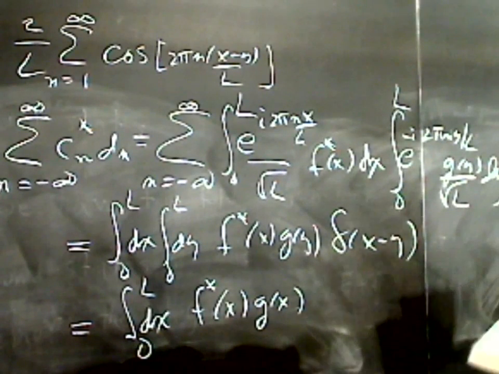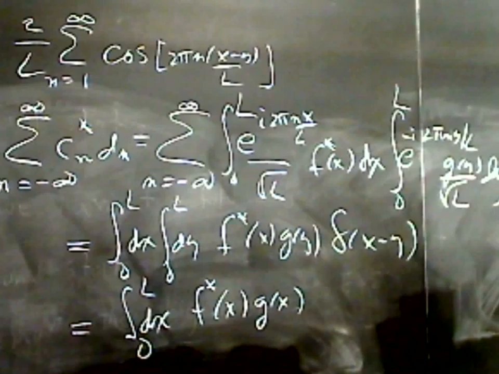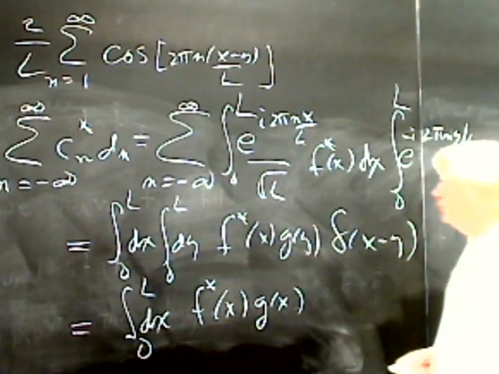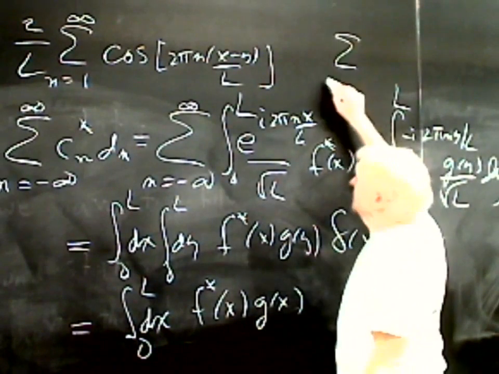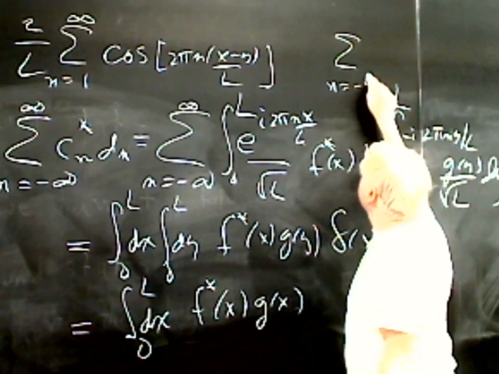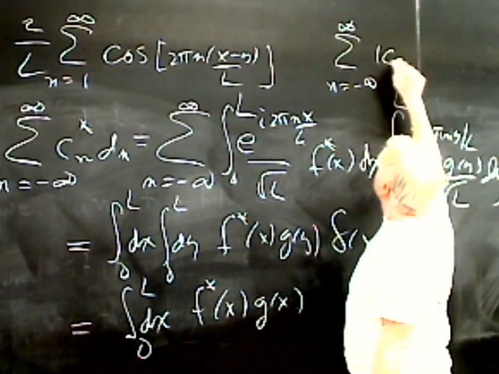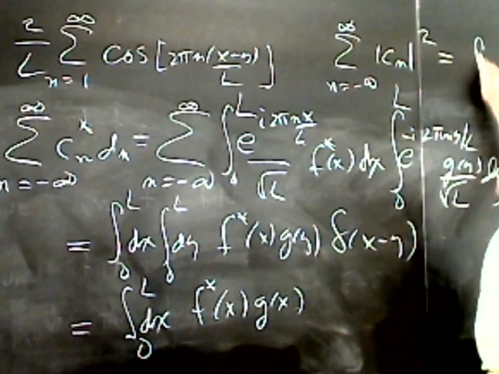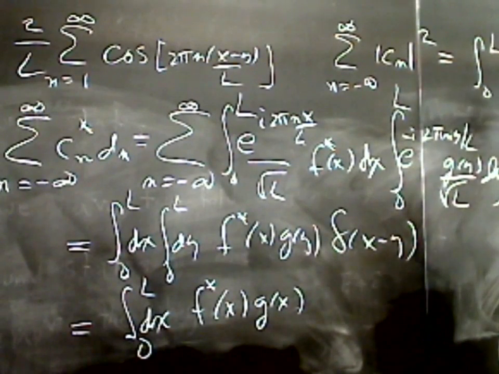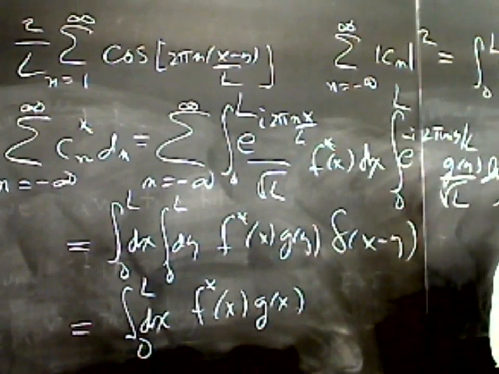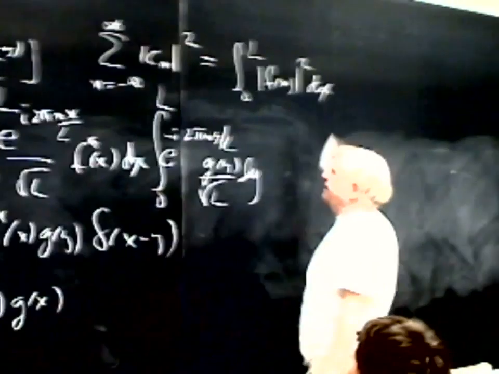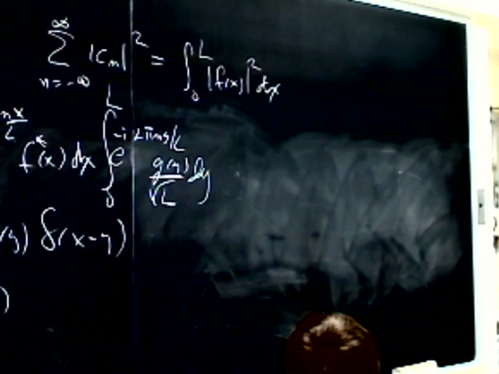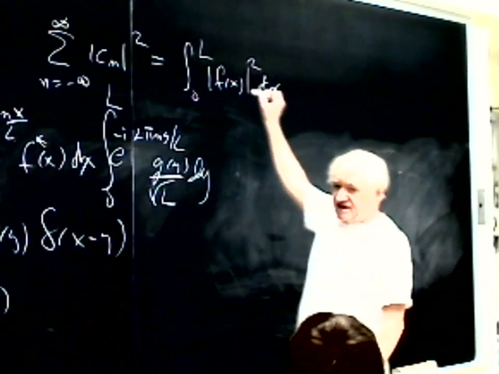And in particular, if f is equal to g, then we get the rule that the sum n equals minus infinity to plus infinity of the absolute value of c_n squared is equal to the integral 0 to L of the absolute value of f of x squared dx. This is called the Parseval identity.